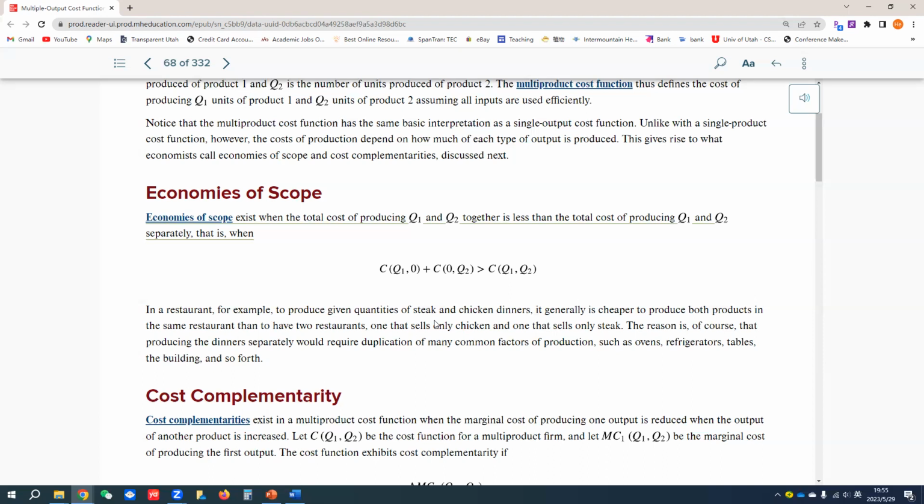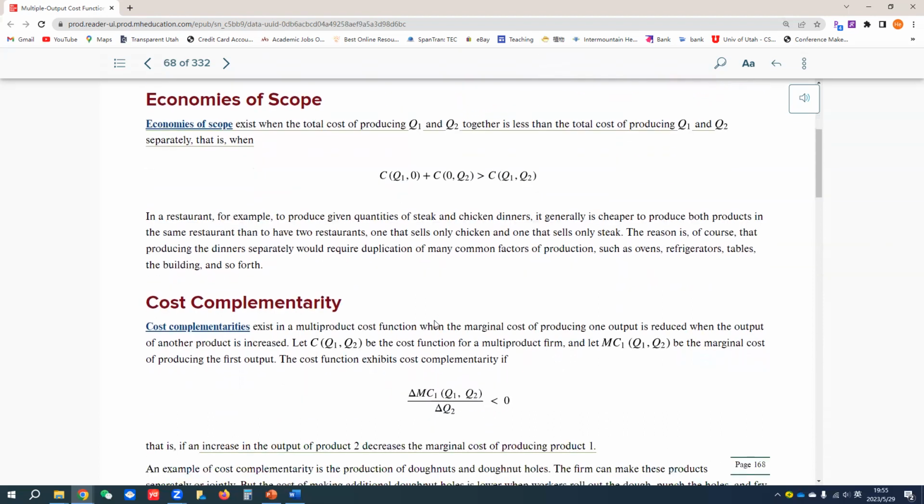So if joint production will cost less in total than separate production of these two products individually, then there is economies of scope. That is to say, a bigger scope makes it more economical, namely a cost reduction for this firm.